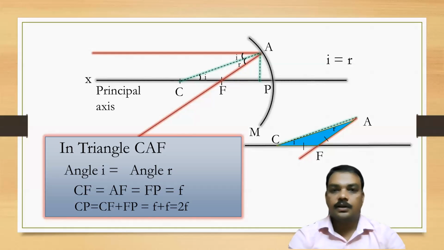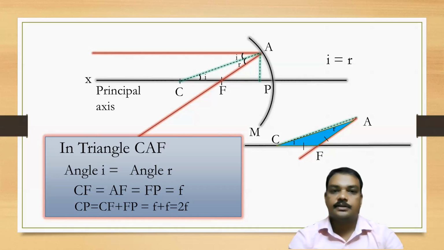Here, one more thing is to be noted. The line joining the mirror and the principal axis, the perpendicular distance A to P, being a very small distance, can be ignored. From this, we can say A and P coincide with one another.